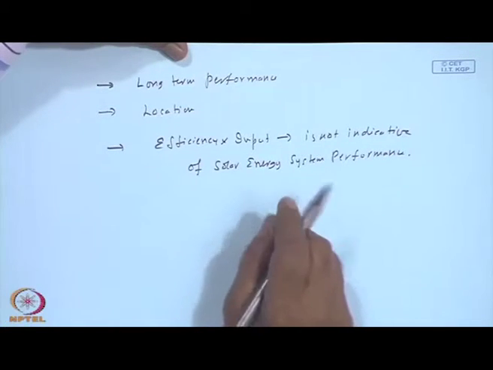Okay? So, unlike a conventional fan or a generator or any other machine, it is not efficiency multiplied by input. Your overall effectiveness depends upon the load, the climate, and of course, your collector performance, along with the other components like storage, heat exchangers and controls.